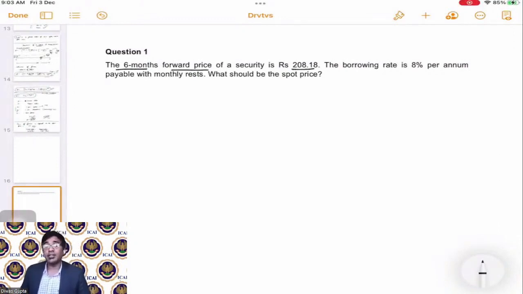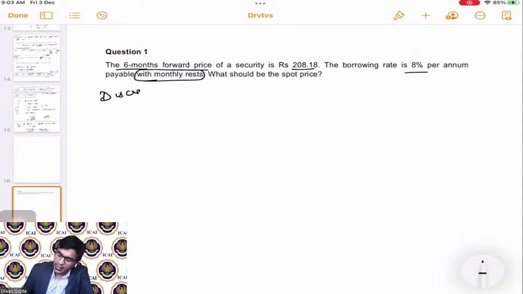Okay. We are given a future price of 208.18. Borrowing rate is 8% per annum, payable with monthly rests. Now see the language. It says that payable with monthly rests. That means it is discrete compounding. Or I can say monthly compounding.